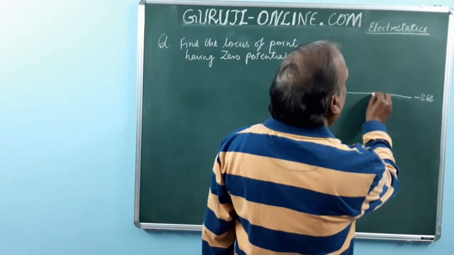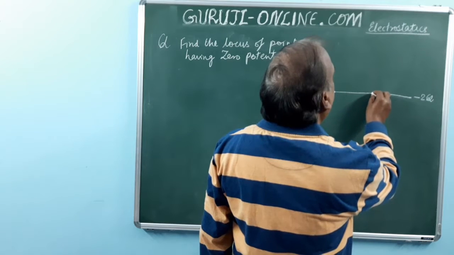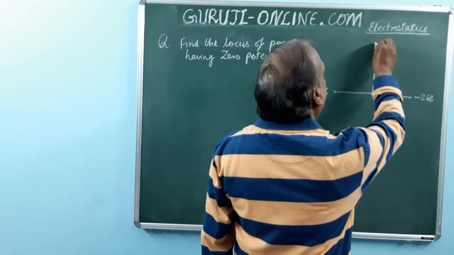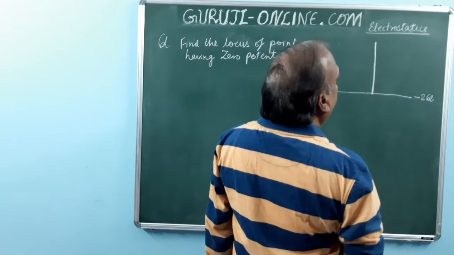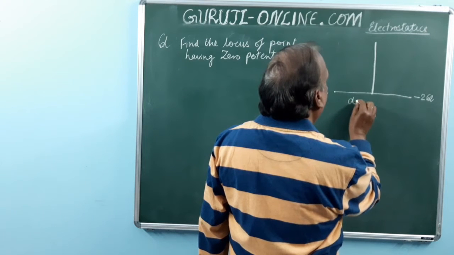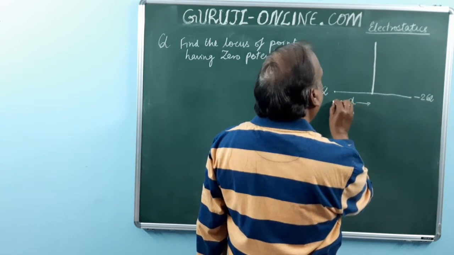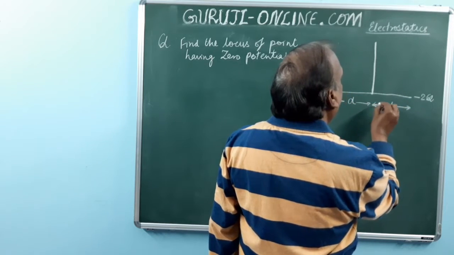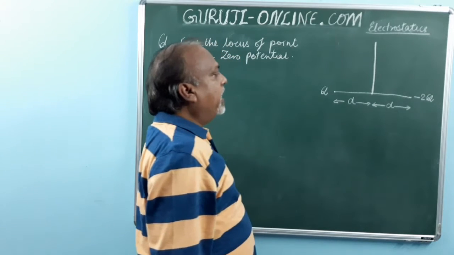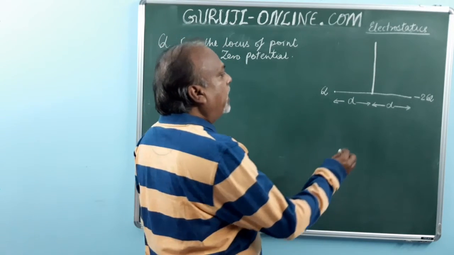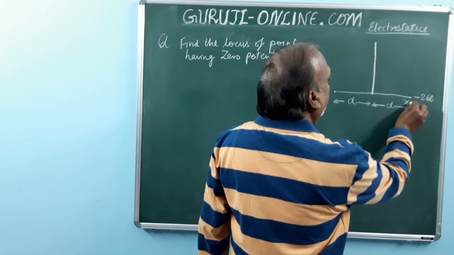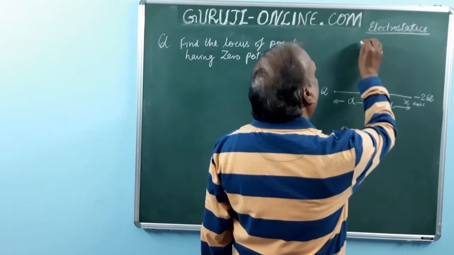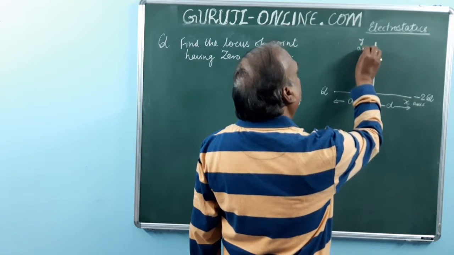Well, this is the midpoint. This is D distance, and this is also D distance. It is the midpoint, and this is your x-axis, and this is your y-axis.